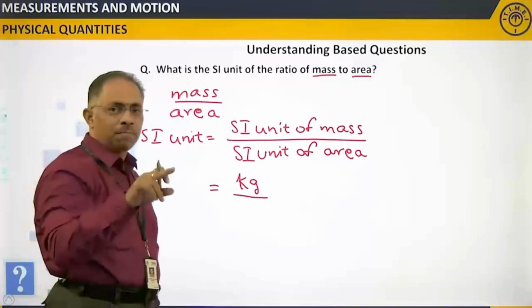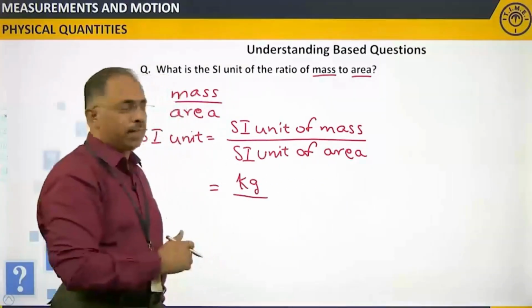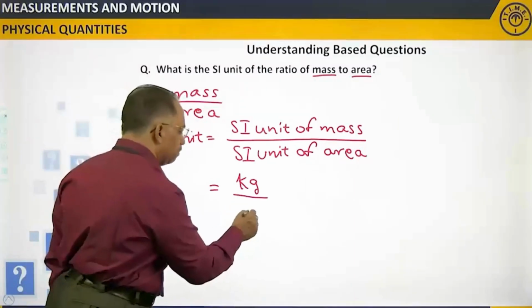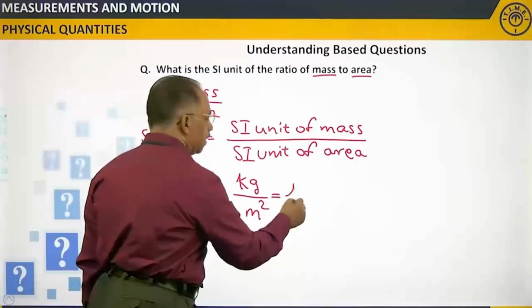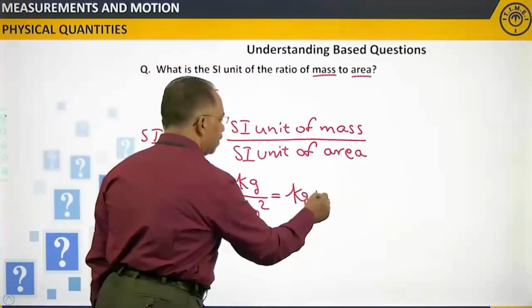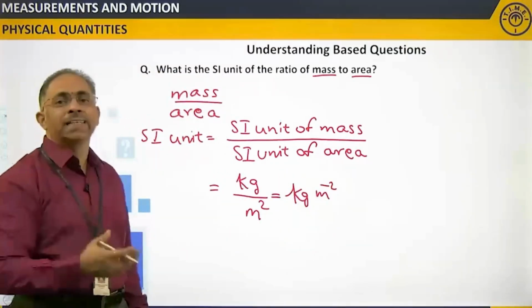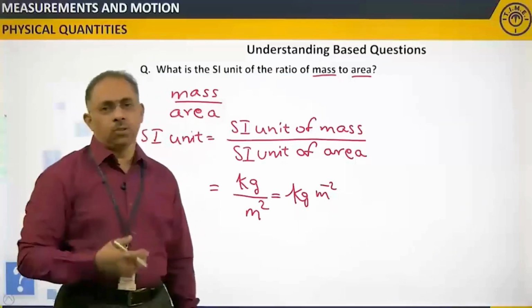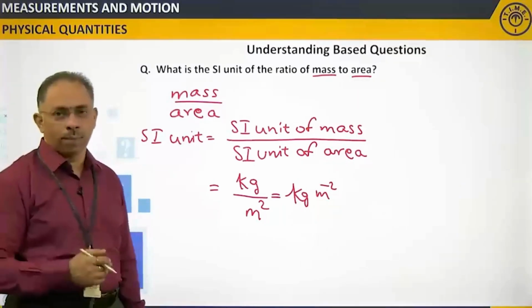So, meter multiplied with meter, that is meter square, will be the unit of area. So, I will be getting meter square over here. So, I can write the same thing as kg per meter square, which is the standard way to express the units. Okay. Hope you are clear with the question.